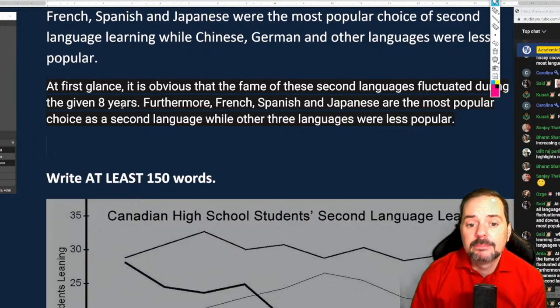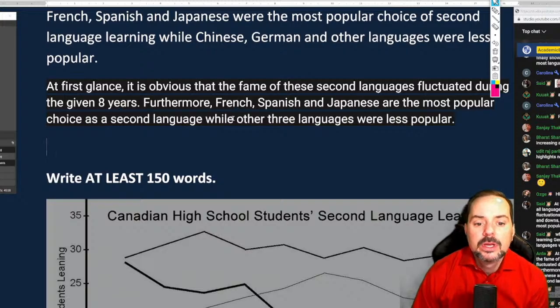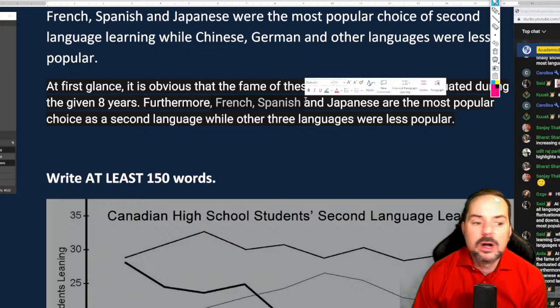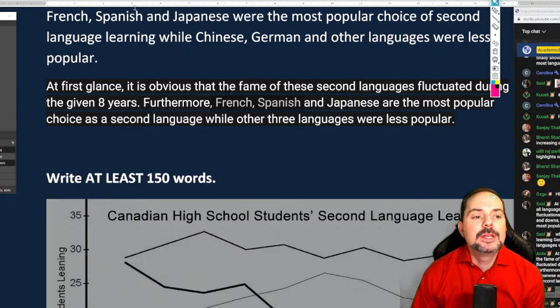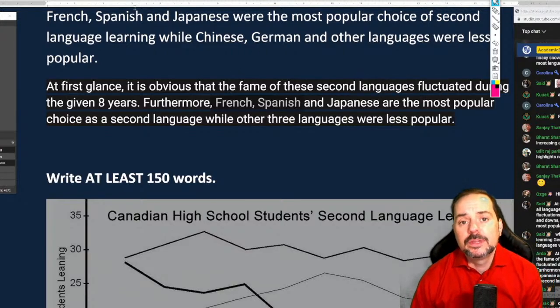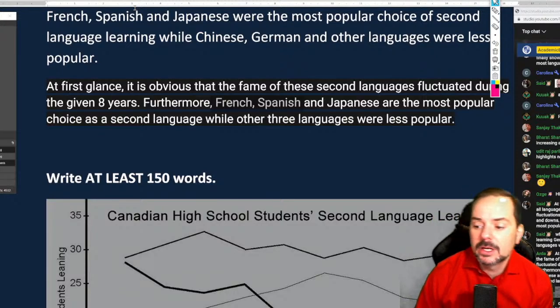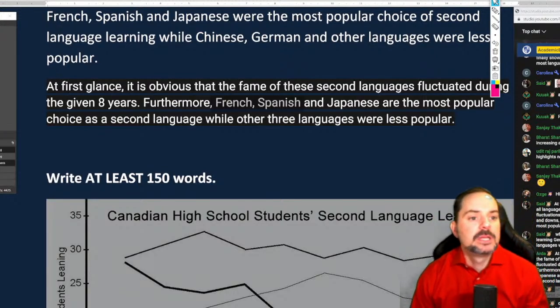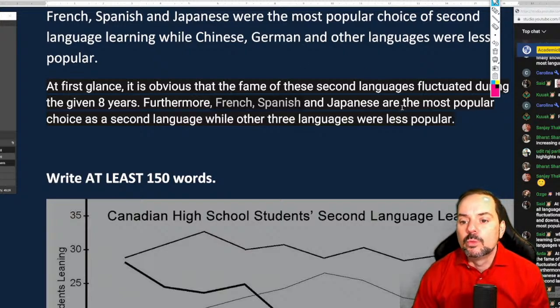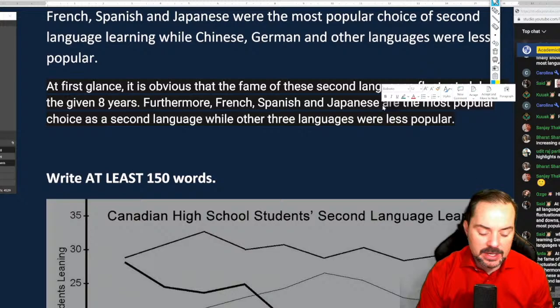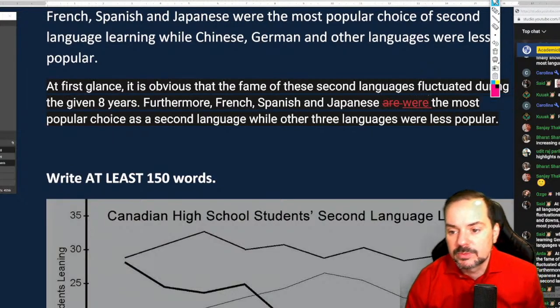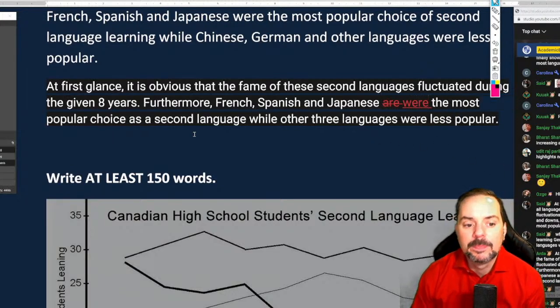Very good. Yeah, absolutely. The fame, popularity, I can deal with that. Furthermore, French, Spanish, and Japanese are the most popular choices. It's past tense, so if you're referring to the actual years, Arda, you have to be careful because it should be past tense here. Okay, so it should be were. We don't know what they are now. In fact, it looks like Chinese was really increasing, so we have to be careful.